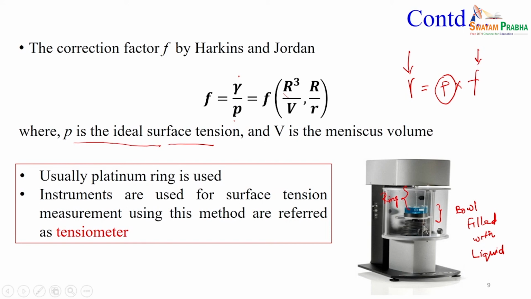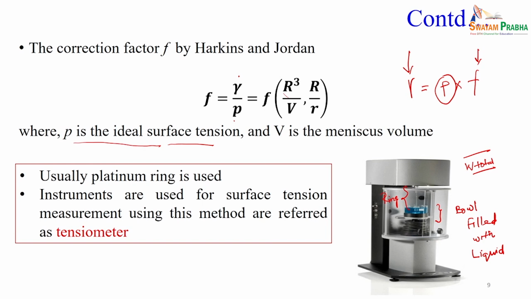The ring is coming in contact, and then the instrument will pull it out, and once it is pulling it out, it will automatically measure the W total, and once it is measuring the W total, it will automatically calculate the surface tension.